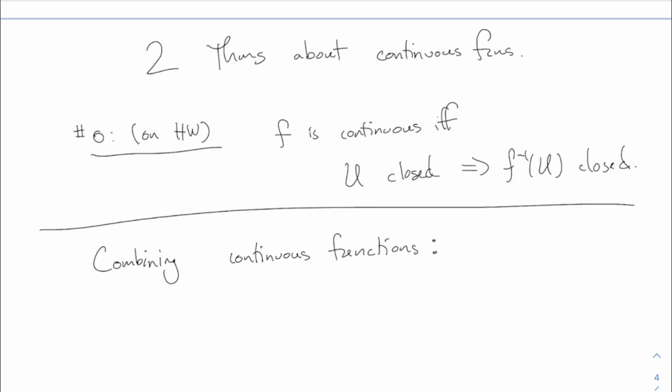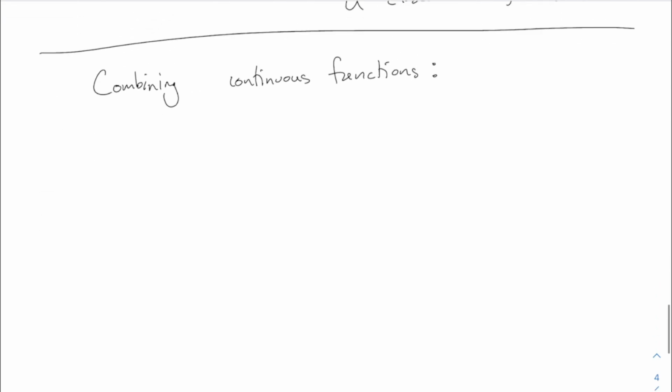The first one, which we'll do today, is the simple one. The standard way to combine functions, in calculus or something, you might add or multiply them together, but we're not going to do any of that because topological spaces don't have operations on them. But the standard way to combine two functions together is the composition. You do one, and then you plug it inside of the other one.